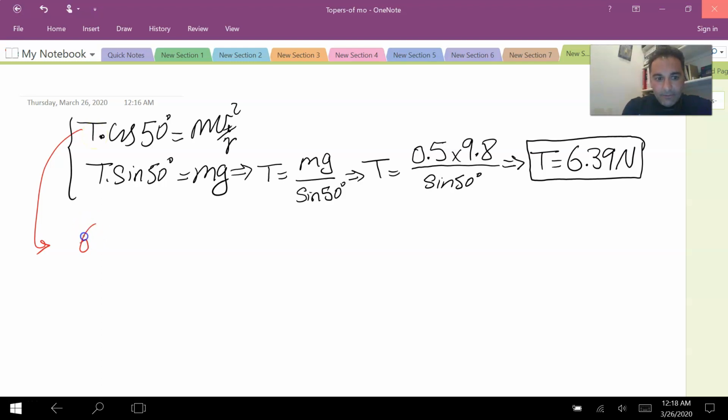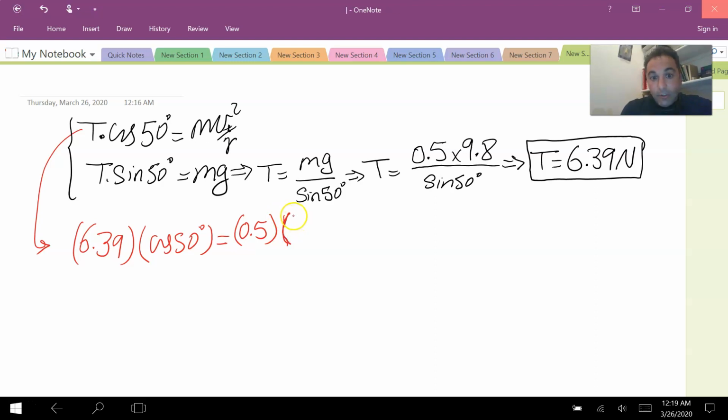So I'm going to substitute 6.39 times cosine of 50 equal to what? Mass is 0.5. Velocity is unknown.